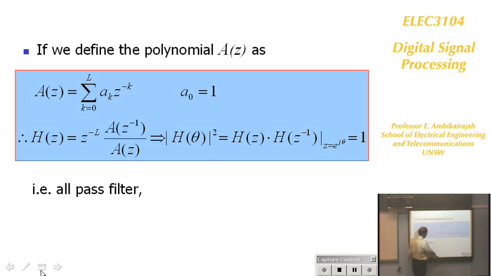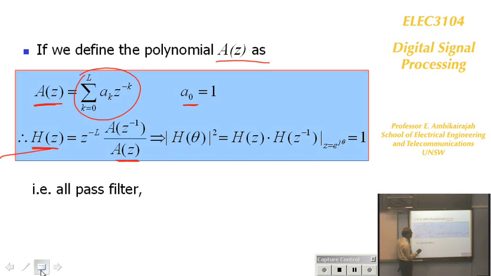So we define a polynomial A of z as this, where A naught is 1. Then you have a polynomial H of z equal to z to the minus L, A of z to the minus 1, divided by A of z.